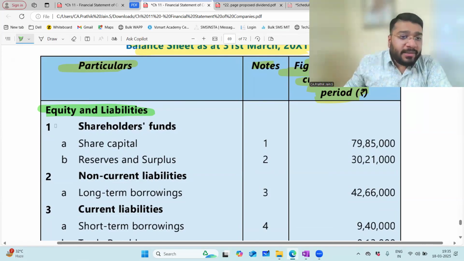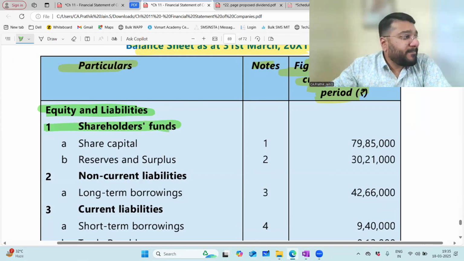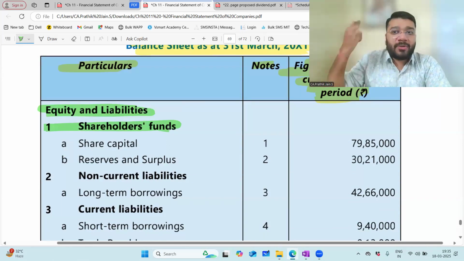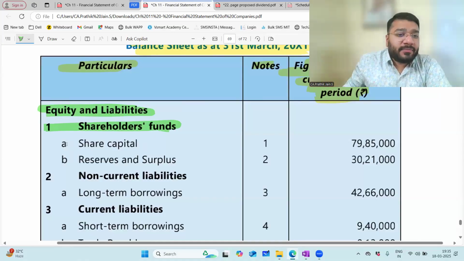Done. Under that, point number 1 is shareholders funds. Don't see the screen, you just visualize from your mind. Under that, share capital. Do we have to give any note for that?